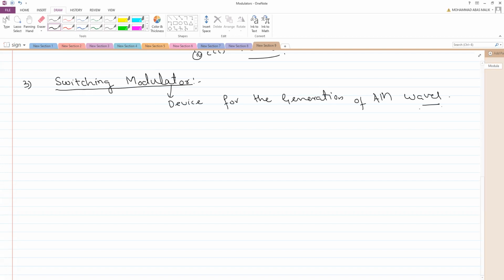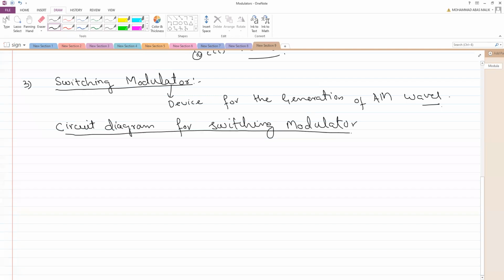Before explaining the working of a switching modulator, I will just draw the diagram for the same. So this is the circuit diagram for your switching modulator. Okay, this one. So you have one voltage here.